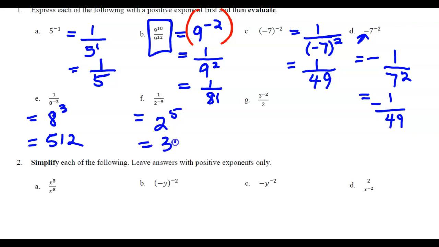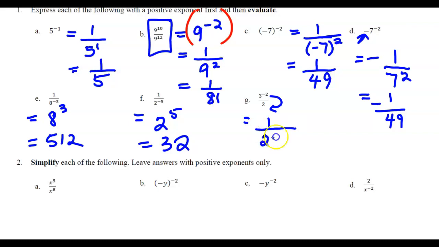Okay, and then G gets a little bit tricky as well. Some students flip the whole thing. So notice that the negative 2, the exponent, is not on the entire fraction. It is just on the 3 there. So that goes to the denominator. There's no exponent on 2, so the 2 stays there.